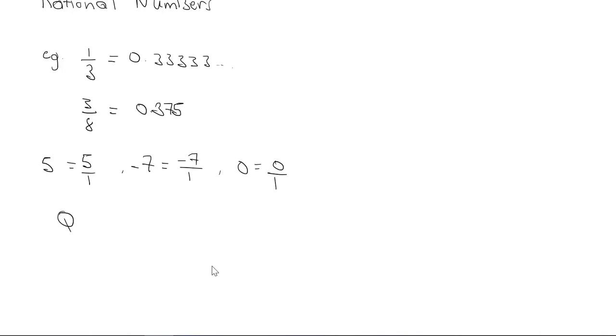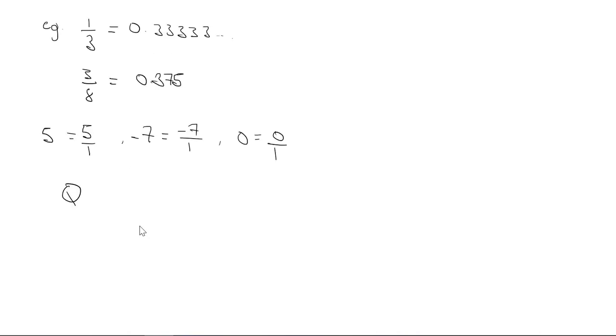We will see how we can use set builder notation to represent the set of rational numbers. Now, if we were to continue our subset train, we can see that the set of natural numbers is a subset of the set of whole numbers. The set of whole numbers is a subset of the set of integers, and the set of integers is a subset of the set of rational numbers.